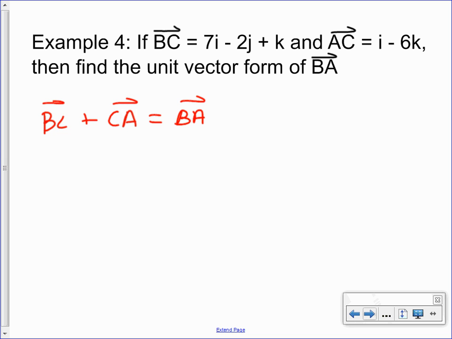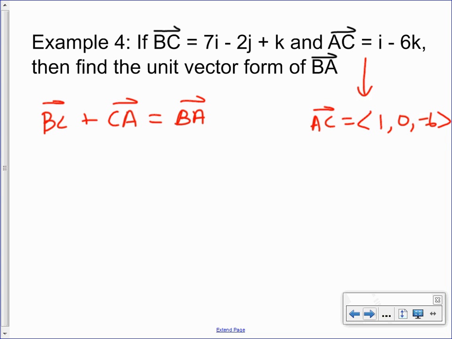True? Okay. Well, AC is going to have the components 1, 0, negative 6. True? If you need to go the other way around, you have to switch the signs of your components.